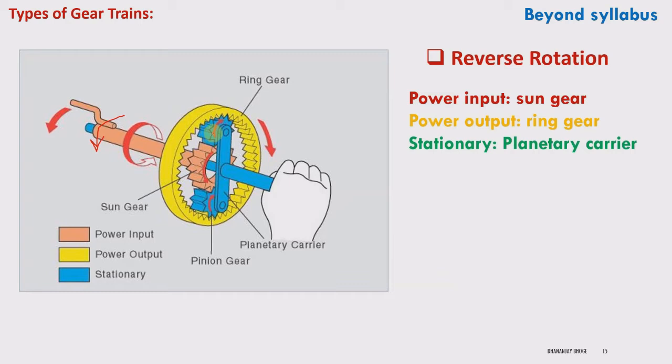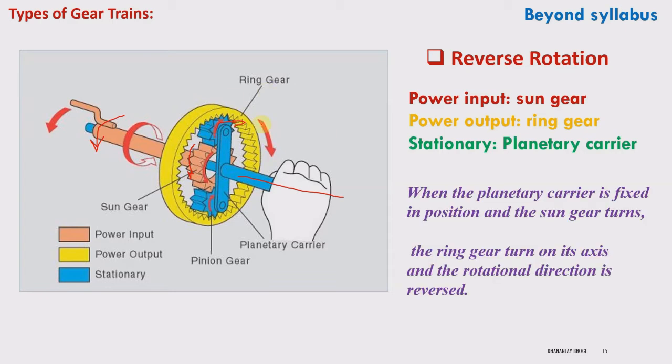Now planet gears will not move around the circumference of sun gear because their axes are held stationary by fixing the planet carrier. So they will only rotate about their own axis in the clockwise sense, opposite to the direction of rotation of sun gear. Now since the planet gears are in mesh with ring gear internally, they will rotate the ring gear in the same direction.